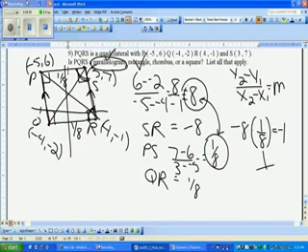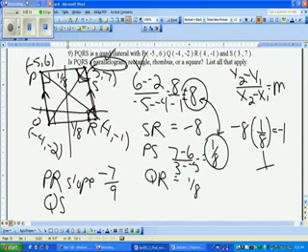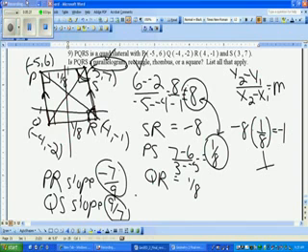So as we find the diagonals here, the diagonal PR has a slope of -7/9, and QS has a slope, using the same methods that we used before, of 9/7. So to see how these two compare, if we multiply them together, -7/9 times 9/7, in this case that does equal -1.